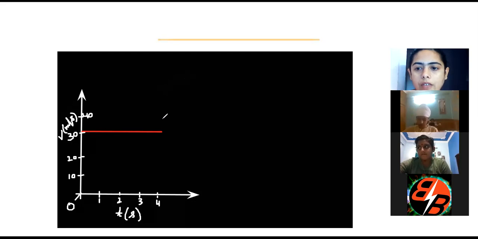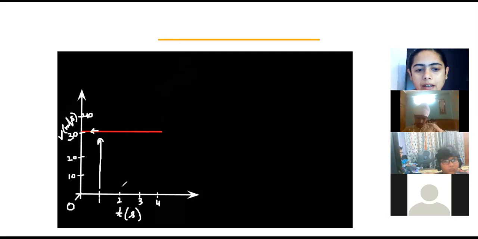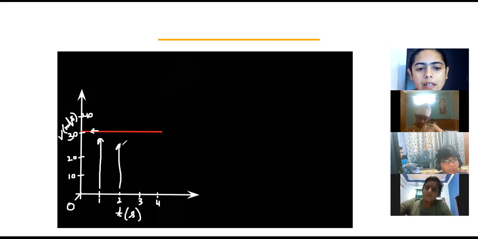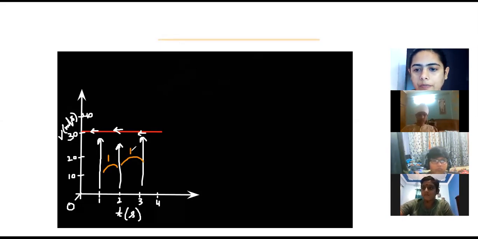So how do we say this is the uniform one? Because if we say at the time 1 second, what is the velocity? 30 meter per second. When the time is 2 second, still the velocity is 30 meter per second. When the time is 3 second, still the velocity is 30 meter per second. How does the time vary? 1 to 2, there is a gap of 1. 2 to 3, there is a gap of 1.